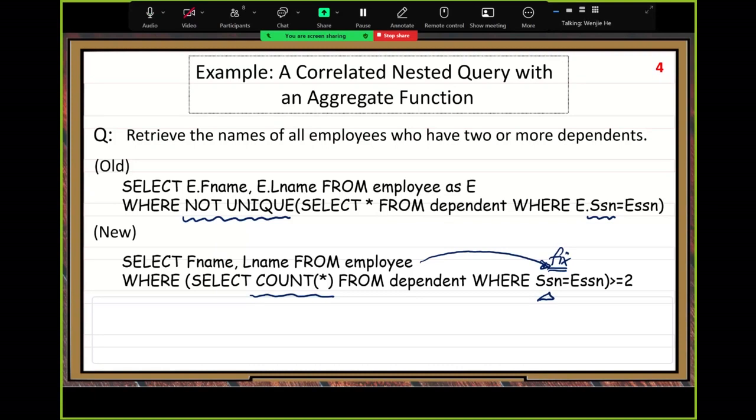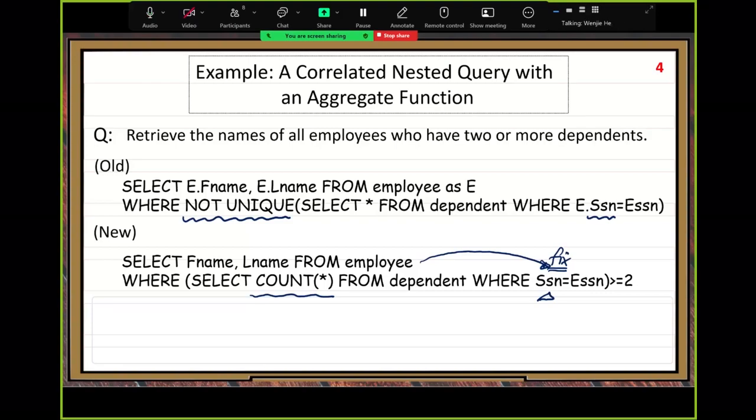If this employee has multiple dependents, such as the spouse, son, daughter, sometimes multiple sons, multiple daughters, for all those cases the same SSN may appear more than once.